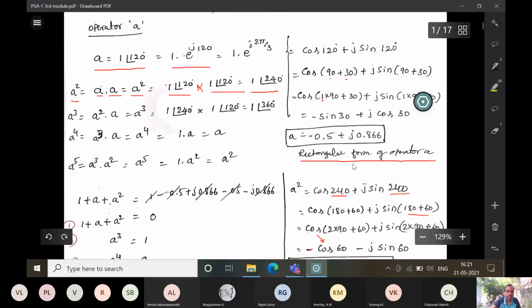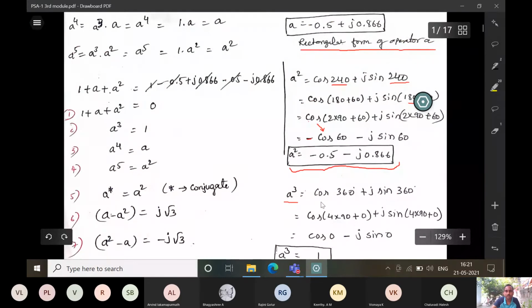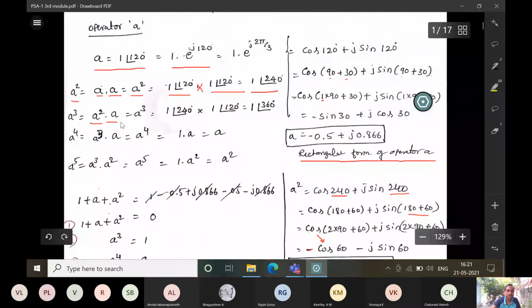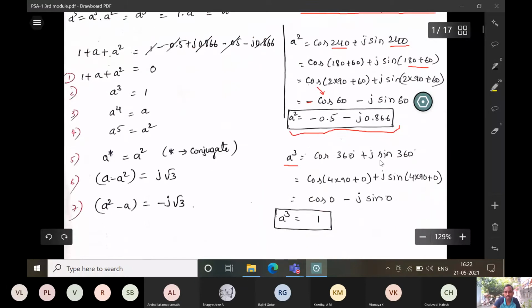So similarly we can do it for a cube also. What is a cube? a square into a is equal to a cube. That is written as 1 into 240 plus 1 into 120. So this gives 1 into 360 degrees, since 240 plus 120 is 360. That can be written as cos of 360 plus j sine of 360.